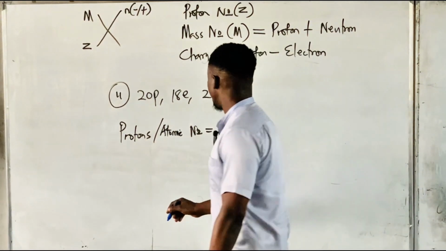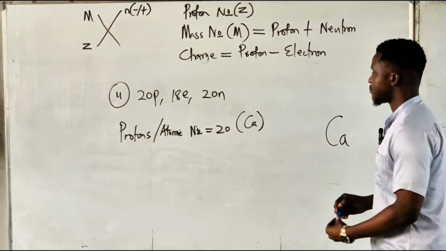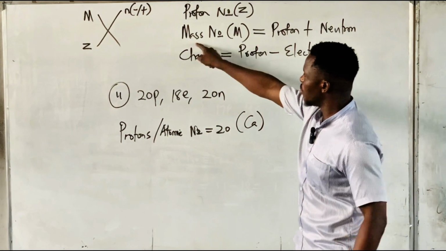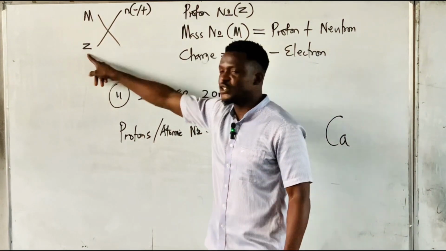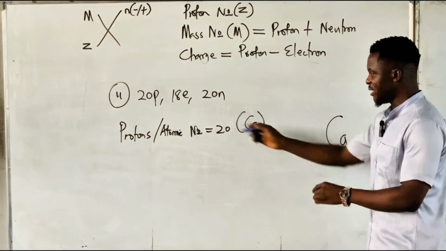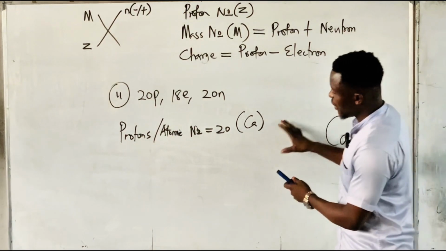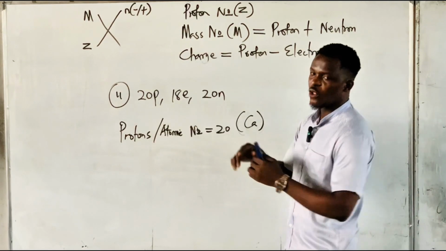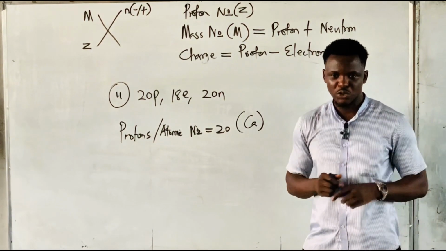Now the next thing I'm going to say is, I'll come here, I'll put calcium. The next thing I'm going to solve, because this is what I'm looking to achieve, the chemical symbol, I need to know the proton number so that I can attach it as a subscript. So since this guy is calcium, I'll put 20 by the side. Now, how did I know? I said proton number is always the characteristic of every atom. No two atoms can have the same proton number.